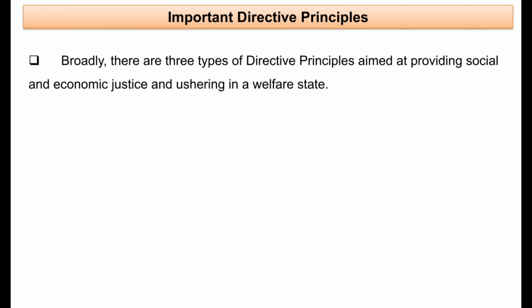So here, importance of directive principles. There are three types of directive principles that aim at providing social and economic justice in a welfare state. What are they? Let us see one by one. And one more thing: these directive principles are contained from Article 36 to 51.